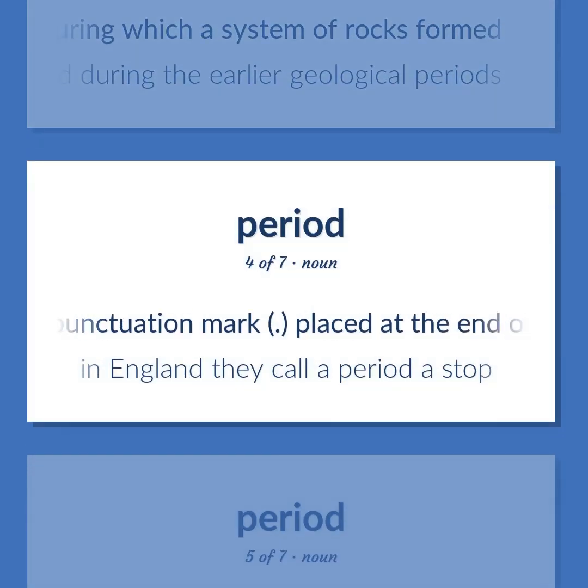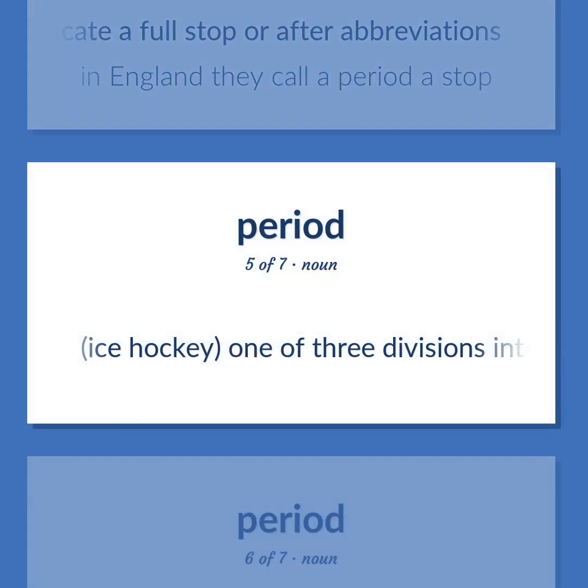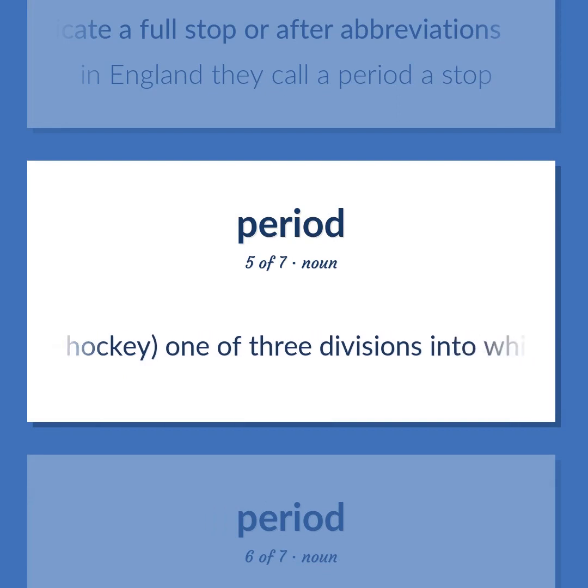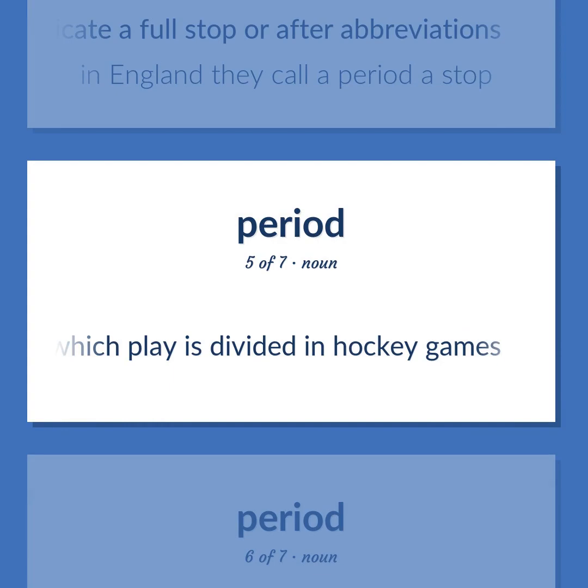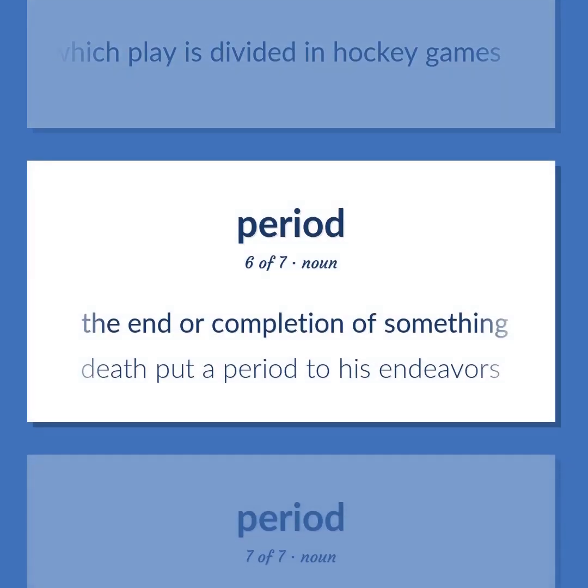A punctuation mark, placed at the end of a declarative sentence to indicate a full stop or after abbreviations. In England they call a period a stop. Ice hockey, one of 3 divisions into which play is divided in hockey games. The end or completion of something.